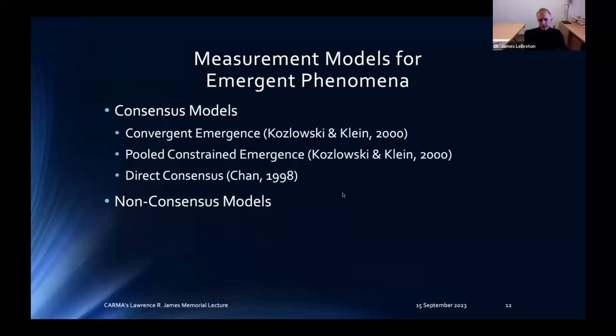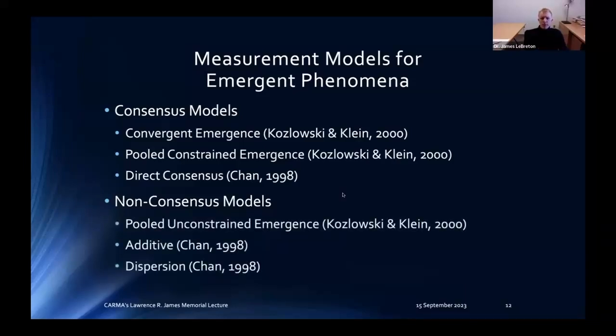They can be called just consensus models. We can talk about convergence. We can talk about kind of constrained ranges of experiences, as opposed to these non-consensus models where we might be looking at the exact opposite of convergence.